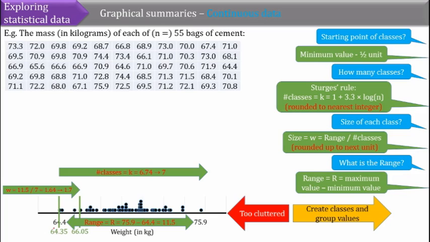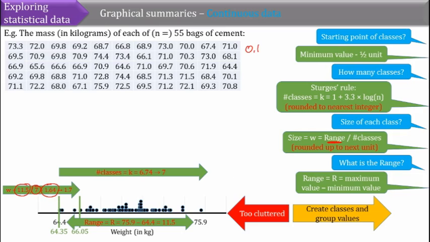So what we'll do is we'll calculate the width by taking the range, which is 11.5, dividing it by the number of classes, which is 7. We get 1.64. Now the rule is to round up to the next unit. Now remember, the unit was 0.1.